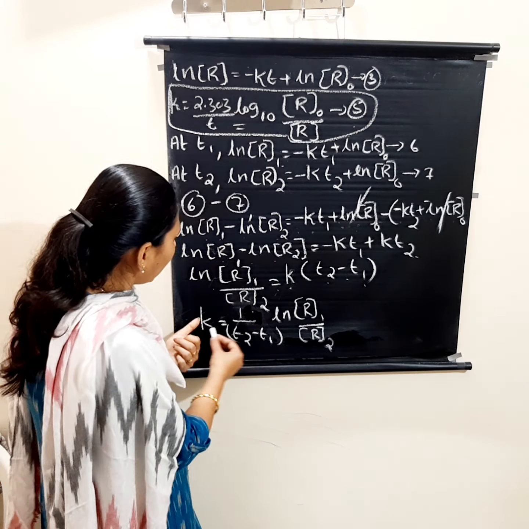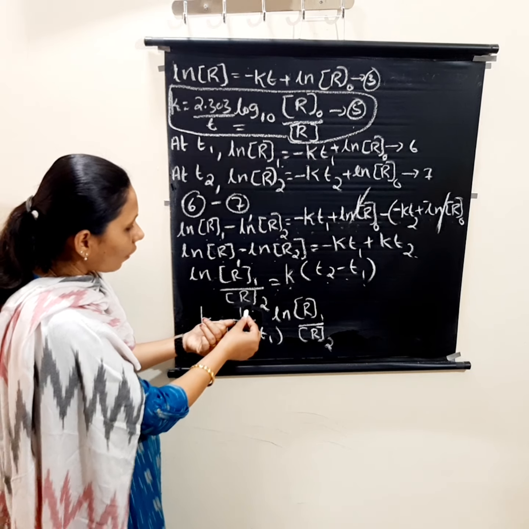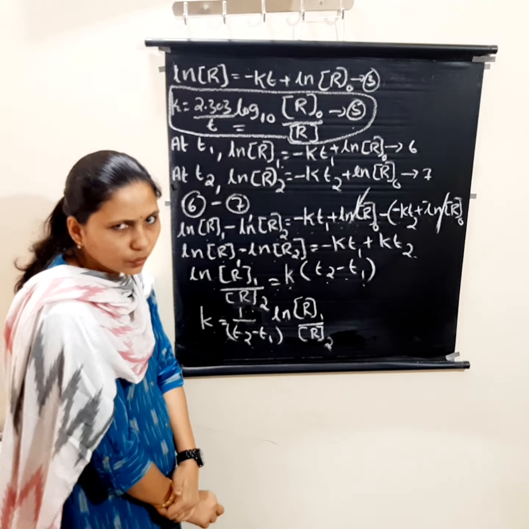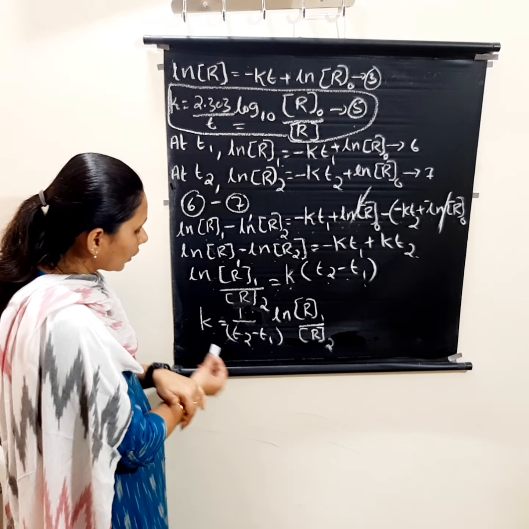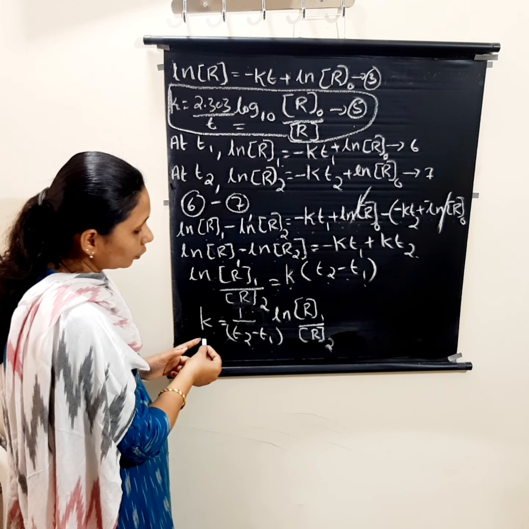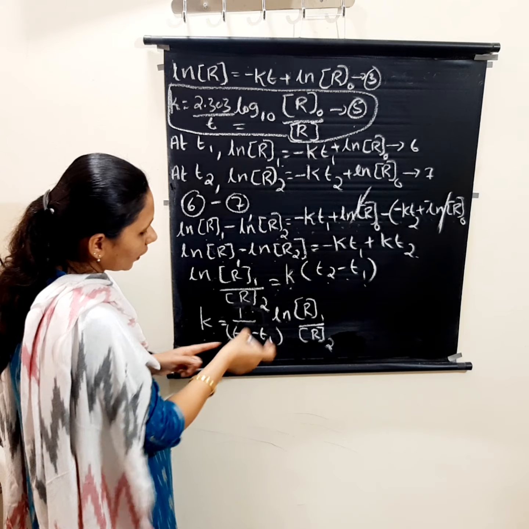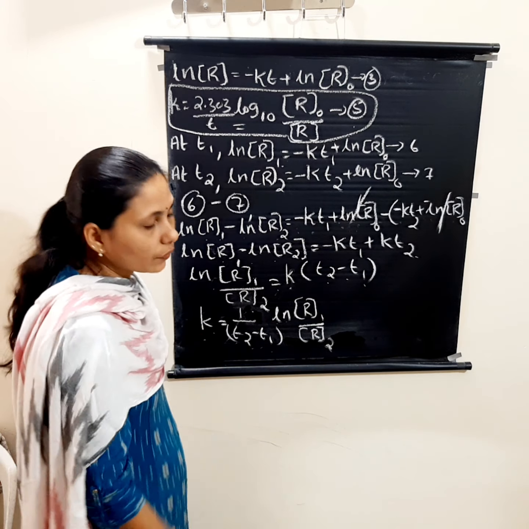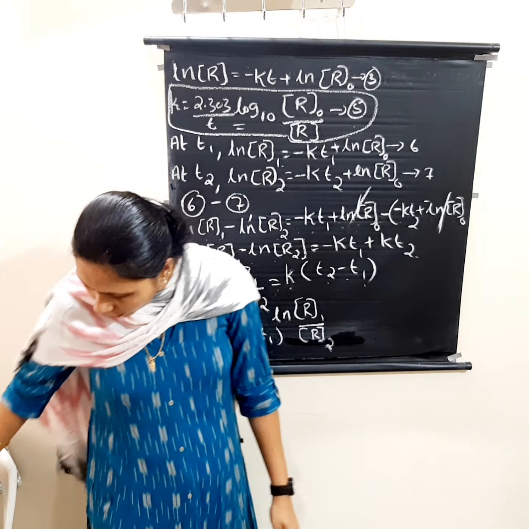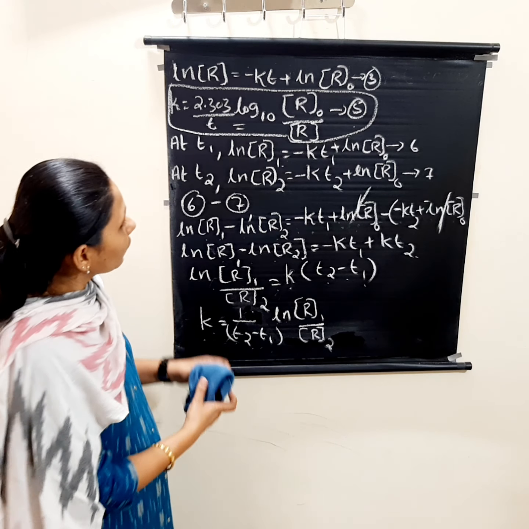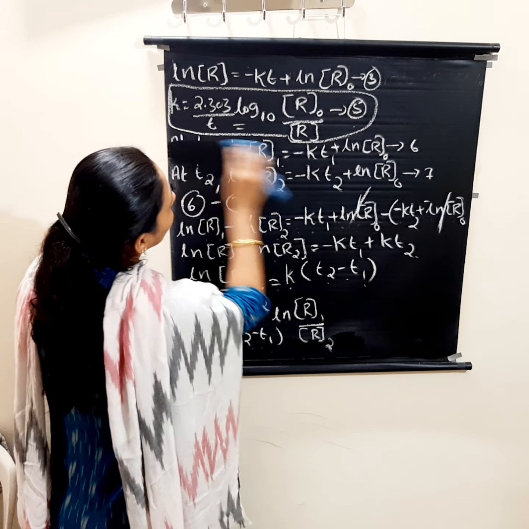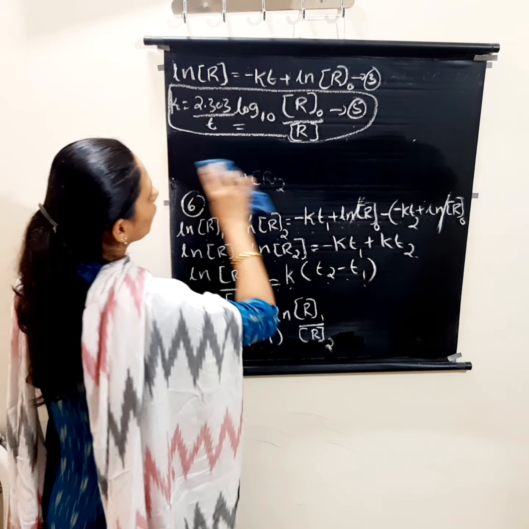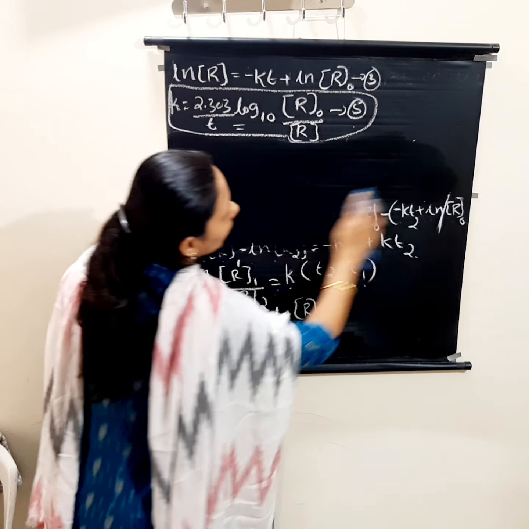Clear? Then k equals 1 by t2 minus t1 into ln concentration of r1 divided by r2. Can I write it? Okay. So after that what we have to do? We have to convert the natural logarithm into which logarithm? 10 base logarithm.